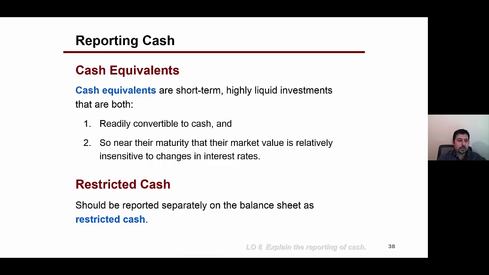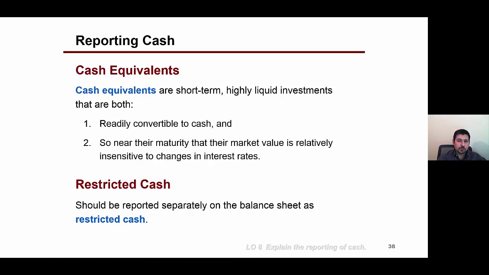The reason why they are called cash equivalents is that they can be readily converted to cash. So basically you can convert them to cash almost immediately, or they are so near their maturity date that it is relatively safe to say that the interest rates will not change by the time they are converted to cash.